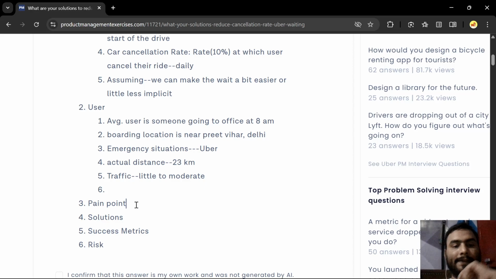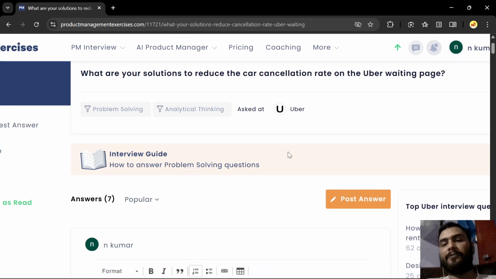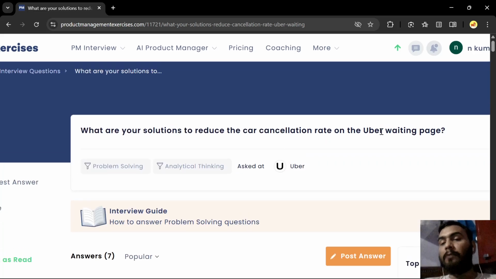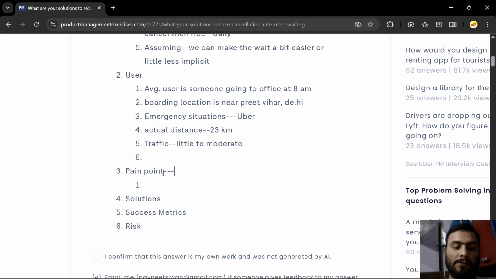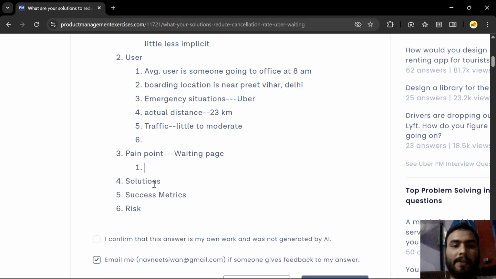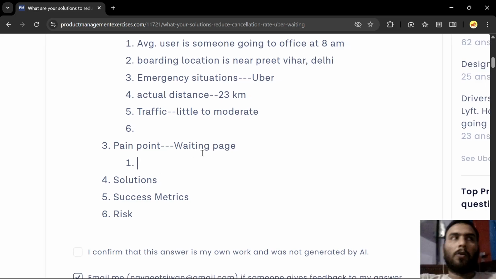Okay, now if I can think of some of the pain points specifically related to the waiting page, because we need to think about the waiting page in terms of car cancellation. Now, if I think about the waiting page design, what information does it provide to the user who has booked the app?